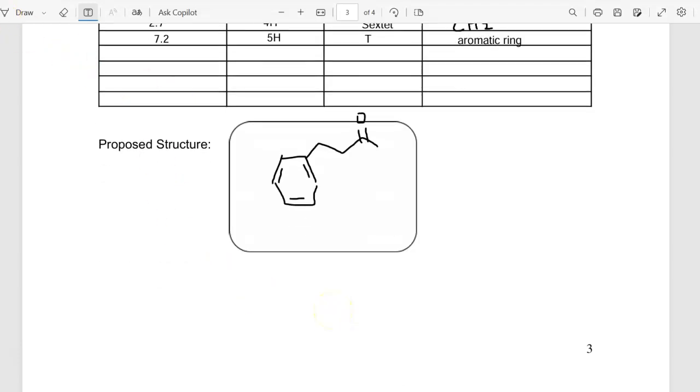So the name of this structure, what I think it is, would be 4-phenyl butyl.